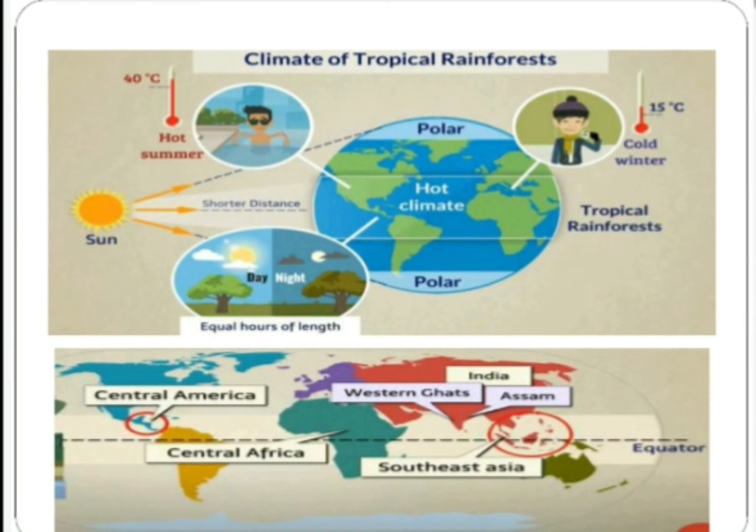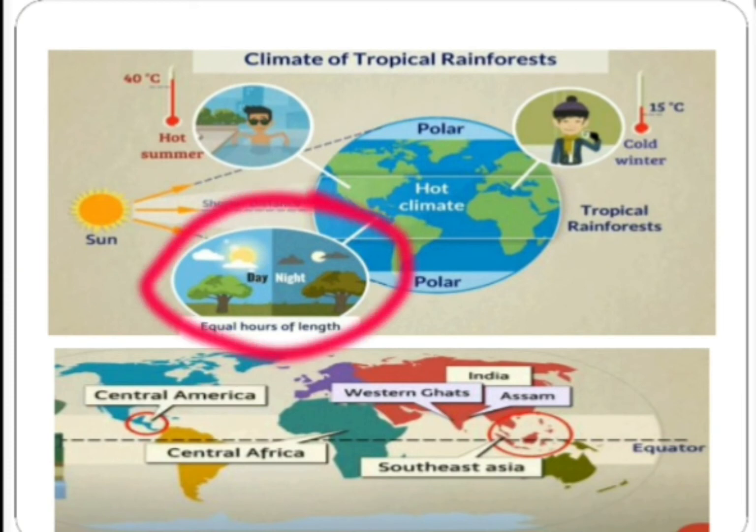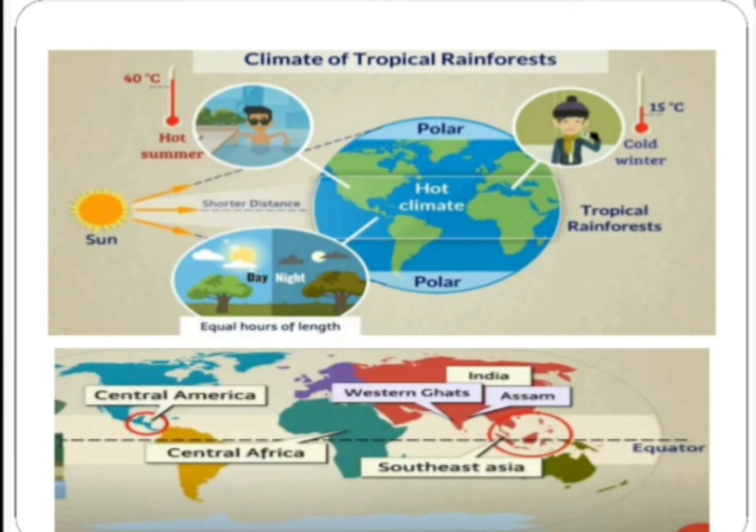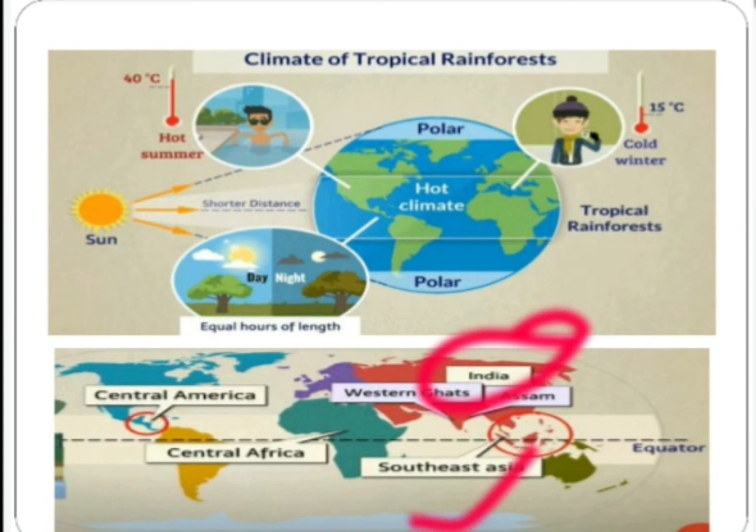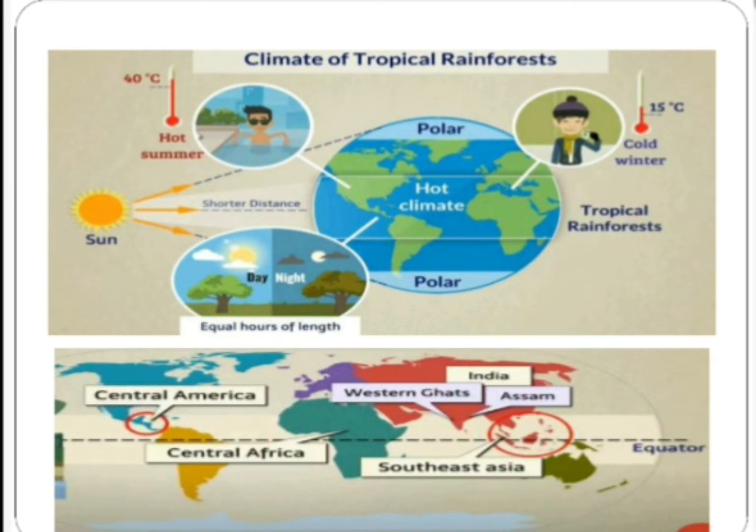Days and nights are almost equal in length throughout the year. Tropical rainforests are found in Western Ghats and Assam in India, Southeast Asia, Central America, and Central Africa.